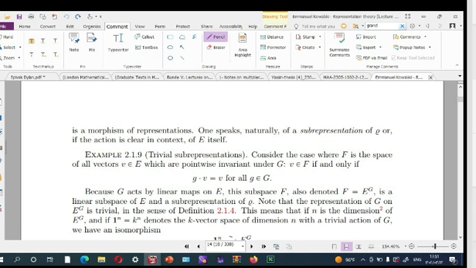All of this is very trivial. E^G is a linear space. It is very trivial because if we have this equality for V1 and V2, this holds for V1 plus V2.